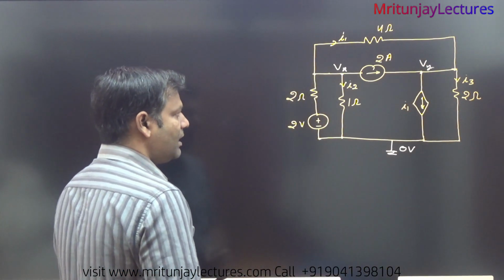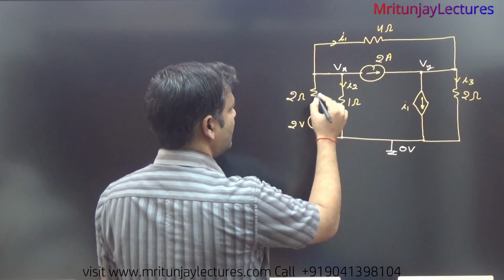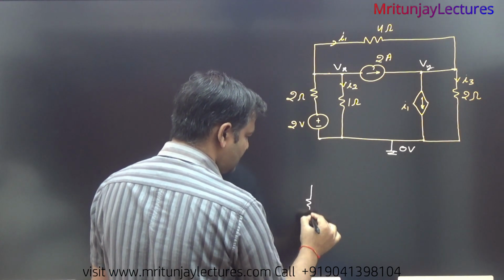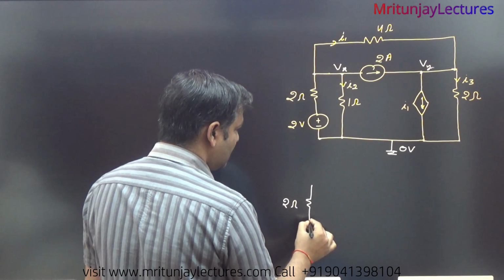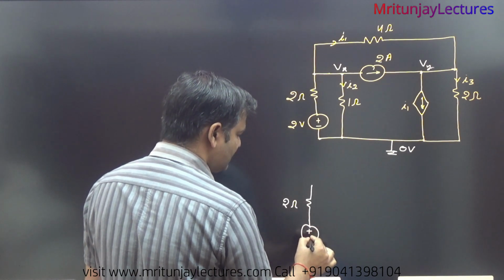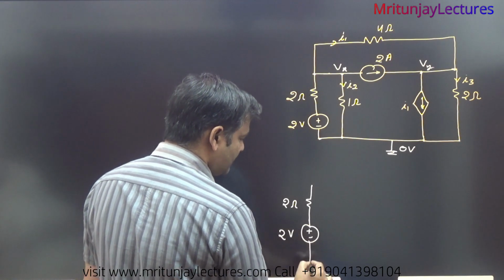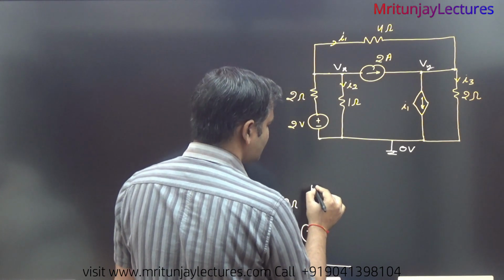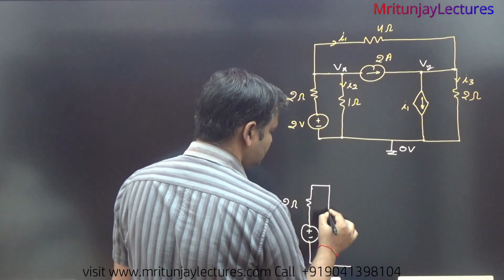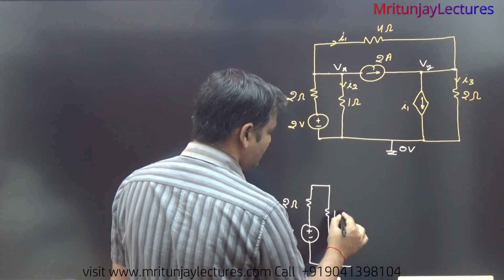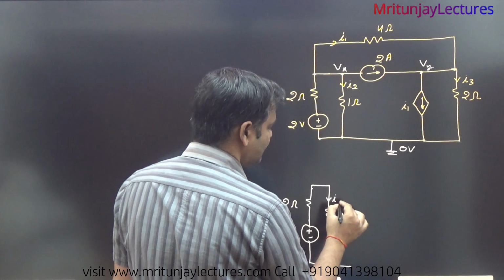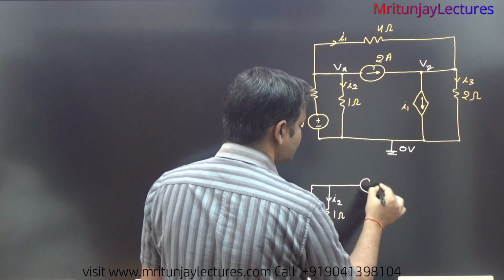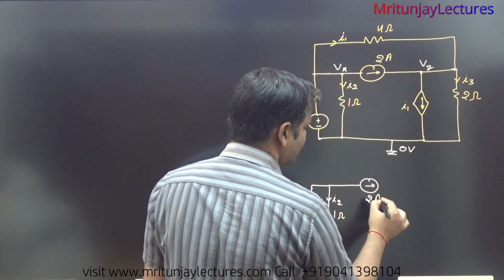Now redraw the circuit again. That one is simply 2 ohm, and that one is a plus-minus source, 2 volt. Corresponding to that, 1 ohm, here current I2, and that one is simply a 2 ampere source.